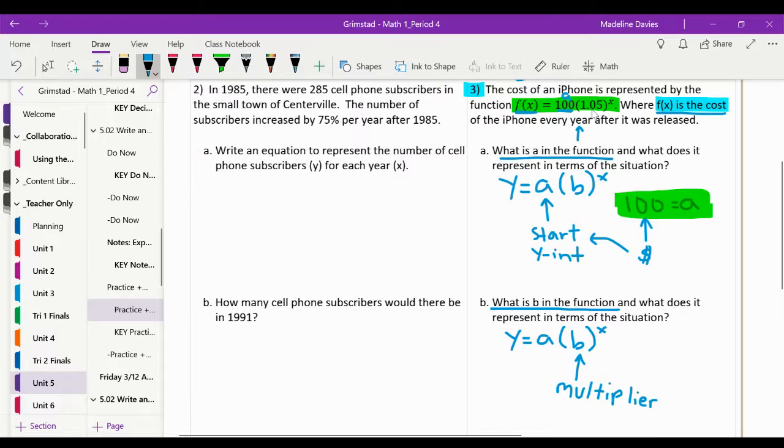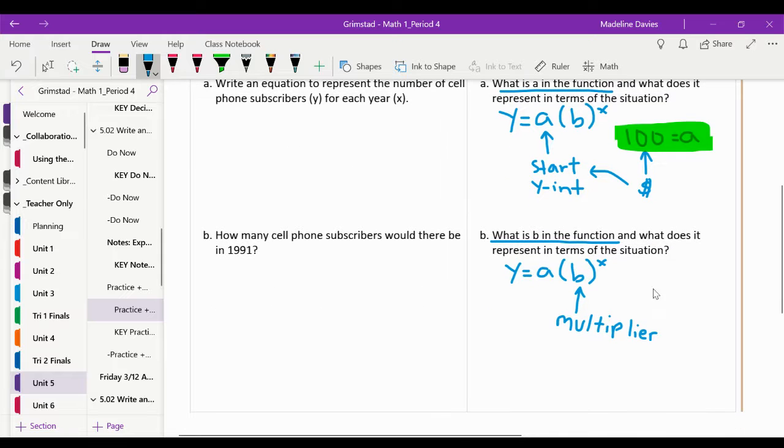And I look back up at the equation. This time, okay, we had a there. And I can see here in the b position is 1.05. So I know, at least just from looking at it, 1.05 equals b. But then what does that mean, right? So if I know that it's my multiplier, what the multiplier means is that that's how much is being added to it every time, right?